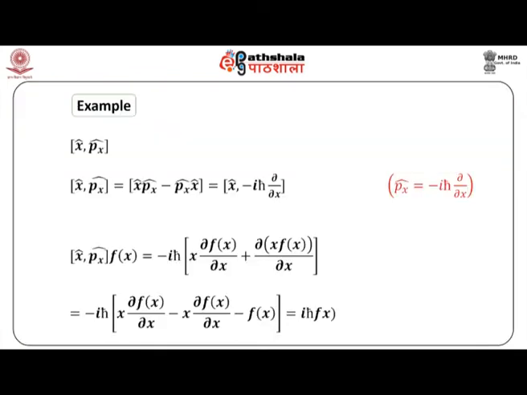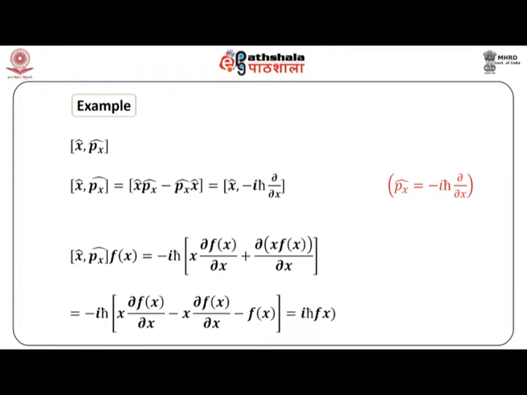For example, let's look at two operators, x cap, which is the position operator, and px cap, which is the linear momentum operator in the x direction. Whether they commute or not, as we can see in this problem, we operate on a function f(x), and we notice that ultimately this does not commute, because we get an expression which is not equal to 0.